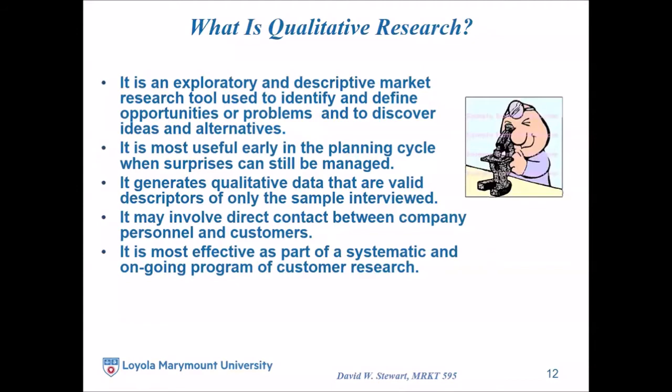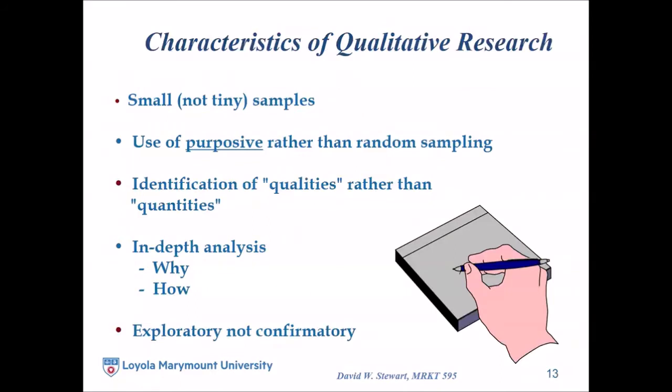And qualitative research tends to be most effective when it's part of an ongoing effort to understand the market, to try to see what changes are occurring, what's staying the same. I'll talk about 3 types of qualitative research, but we need to talk about some characteristics they all share. First of all, they tend to involve small samples.